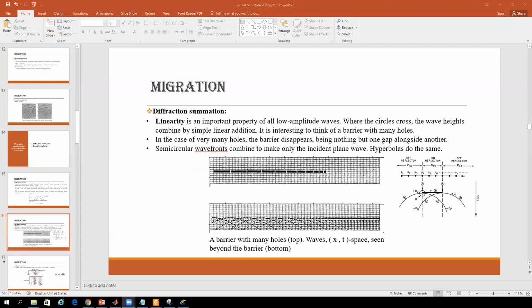Where we have constructive interference, we will have large amplitudes. And where we have destructive interference, like in the internal part of the curves or wavefronts, the amplitude will get weaker and weaker until it vanishes.